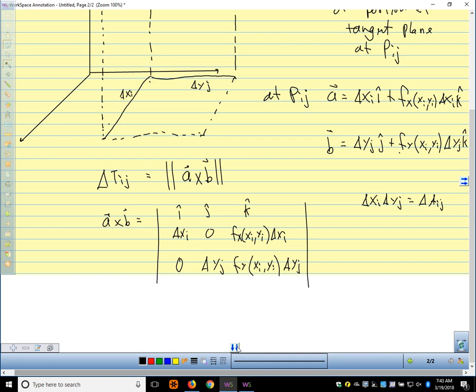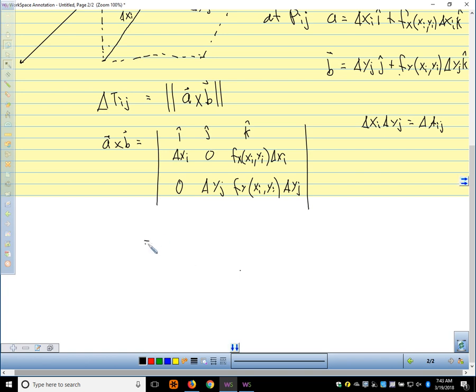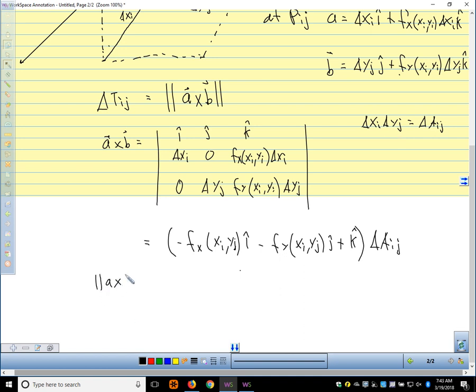When we do this cross product, we get minus f sub x at x sub i, y sub j, i hat, minus f sub y at that point, j hat, plus 1 k hat, and we have this factor outside, delta A sub ij, which is delta x sub i, delta y sub j. And the form that the magnitude takes shouldn't be a giant surprise at this point.